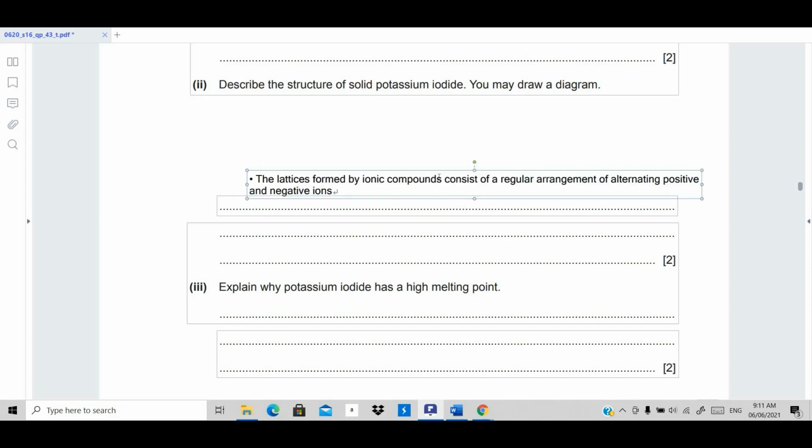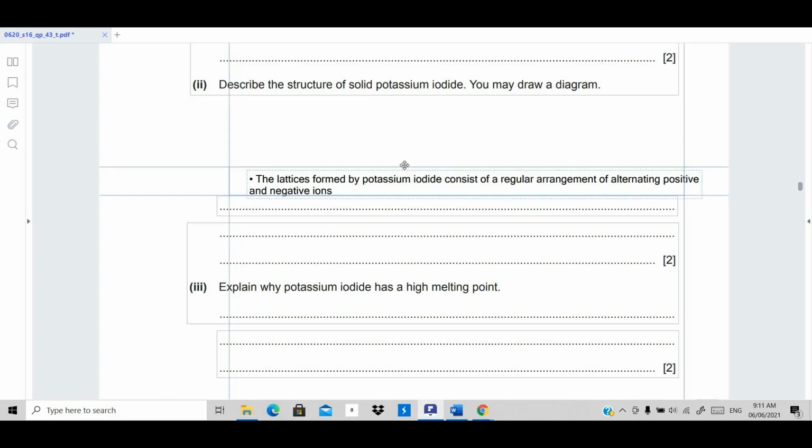I need to change this ionic compound into potassium iodide, because now we're talking about potassium iodide. You can also mention ionic compounds, but I prefer to be specific in these types of questions. Potassium iodide is the answer.